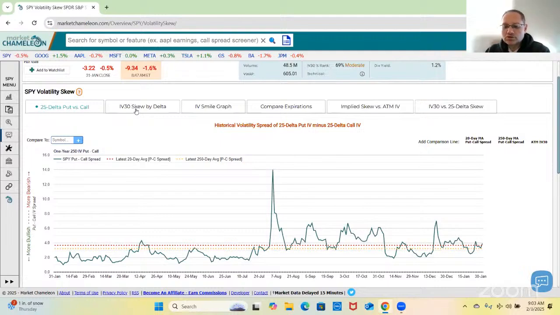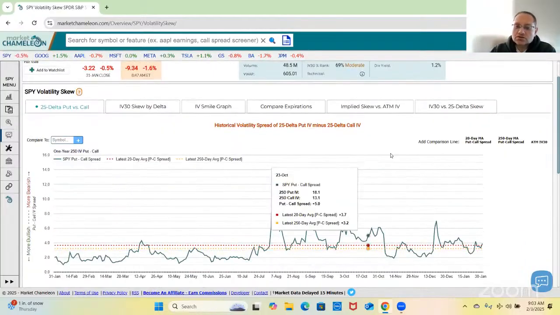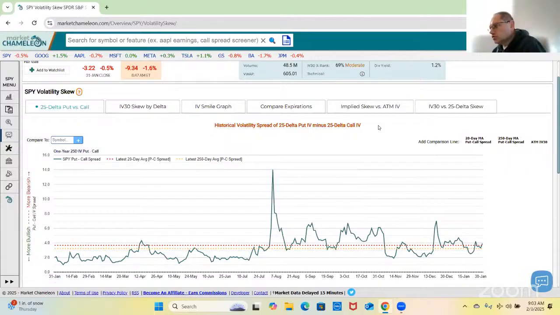And when we look at the implied volatility skew, what it does is it measures the relative difference in the implied volatilities of options, and you could measure it based on vertical skew, which is the implied volatility skew of strikes within the same expiration.